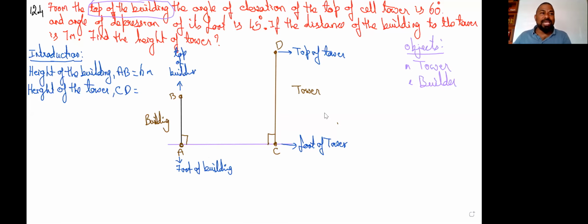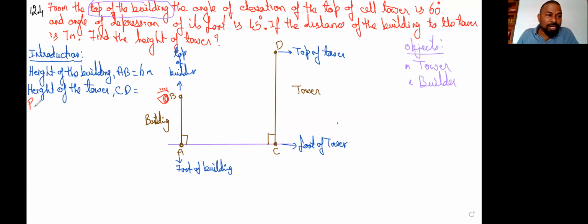All right. So what is it saying? From the top of the building, the angle of elevation. So we can clearly say that the observation is done from the point B. Let me draw the eye of the observer at B. Right, that is the first point. We have to remember that the point of observation is on the top of the building.